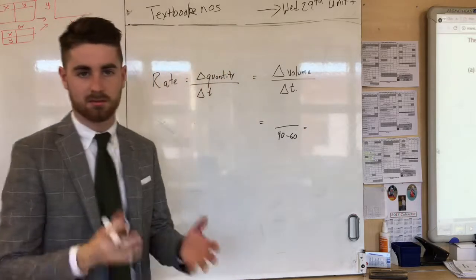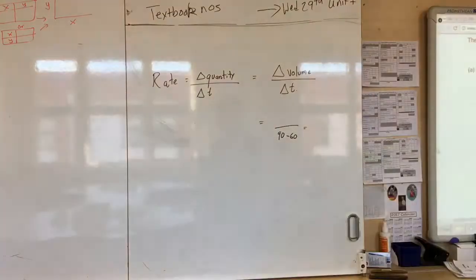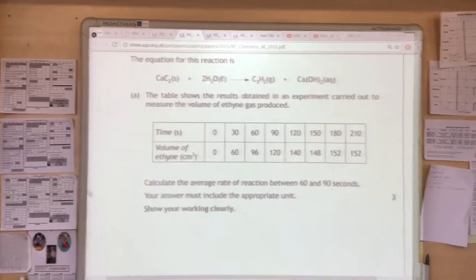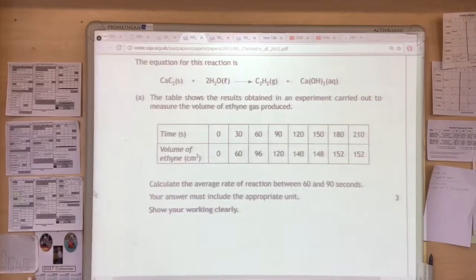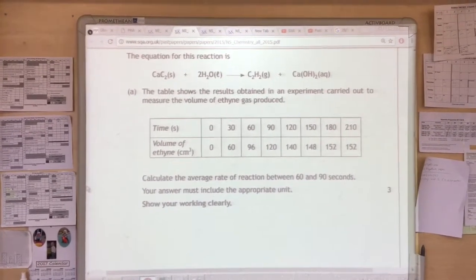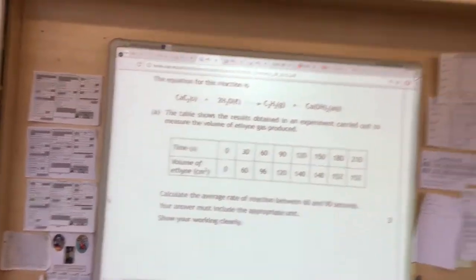which is going to be a 30-second difference there. And what we want to look at, if we just take this back over here, is how much volume is produced at 60 seconds and how much volume is produced at 90 seconds. So at 60 seconds we have 96 centimetres cubed, at 90 seconds we have 120 centimetres cubed of gas produced.